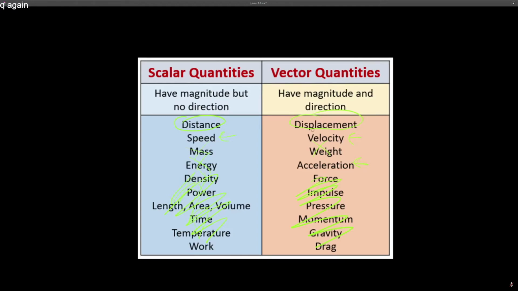So all we need is displacement, distance, velocity, speed, and acceleration. There's also position, which is a vector quantity as well. Basically, we should understand that distance is a scalar quantity, no direction required, and speed is a scalar quantity, while vector quantities like displacement, velocity, acceleration, and position need to have the direction specified.